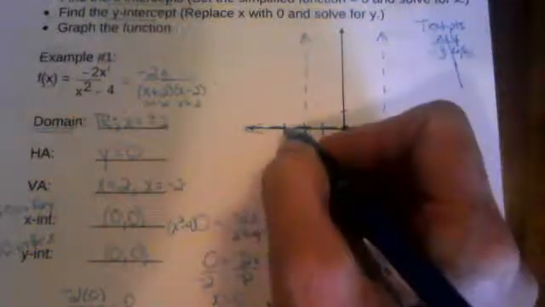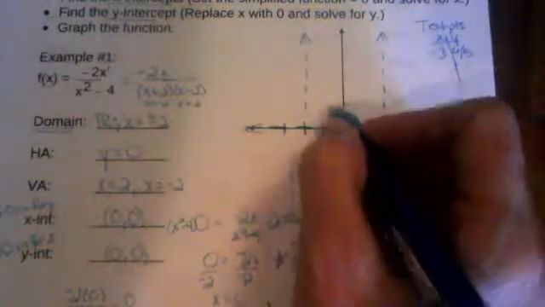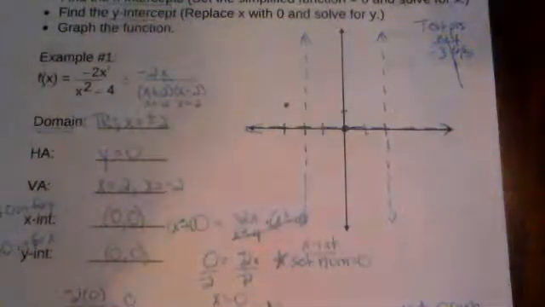So when x is negative 3, I go up 1 and just a little bit more. So I have a point in that section of the graph. And that means that from that point, I've got to approach each of these asymptotes. And I can't cross them, so that's it. That's where the curve goes in that particular section.